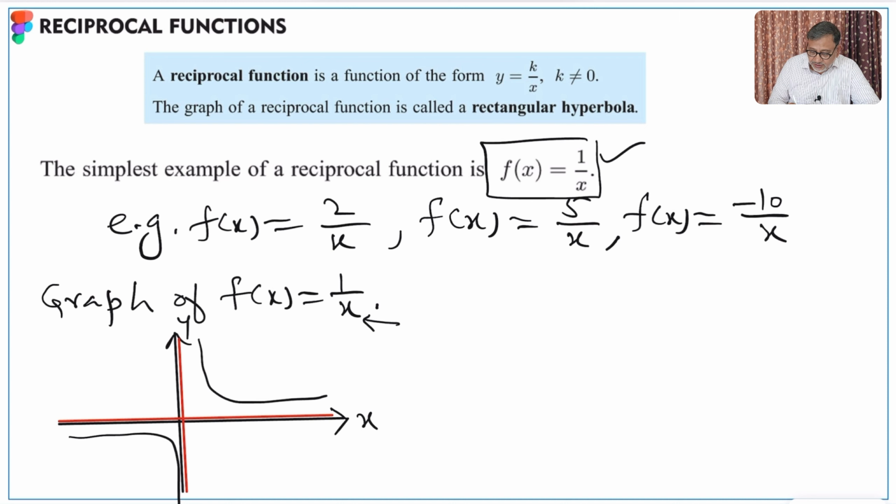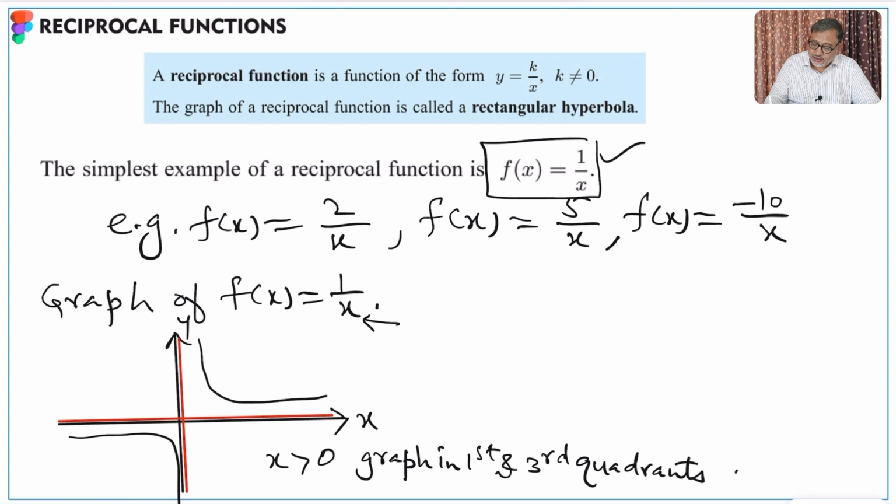Now look here, when x is greater than 0, the graph is in the first and third quadrants, and in this case I will draw that graph here.